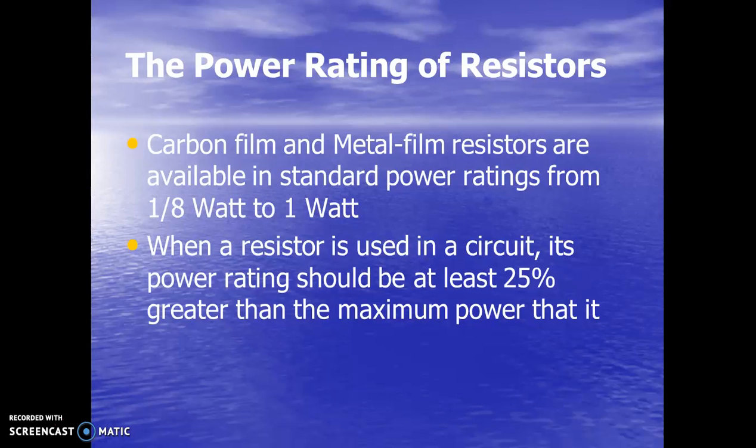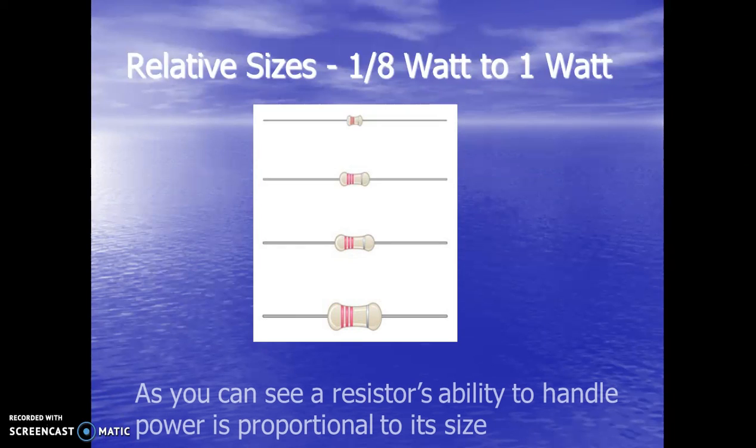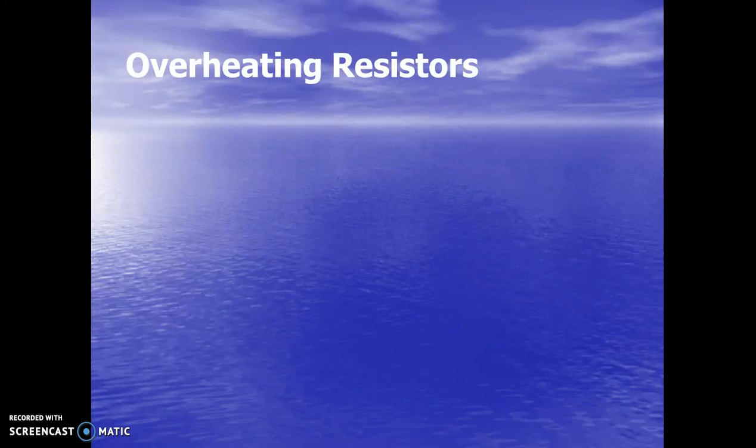And it's worth noting that if you don't want your resistor to burn out, you should not really get close to its power rating. Okay, resistors get bigger as they handle more heat. We talked about that with their surface area.